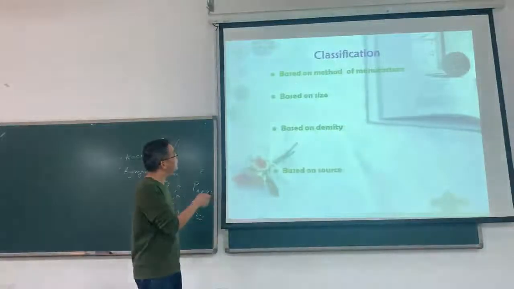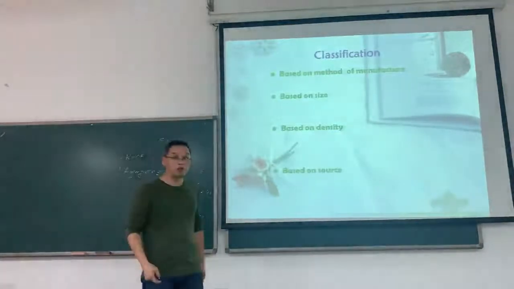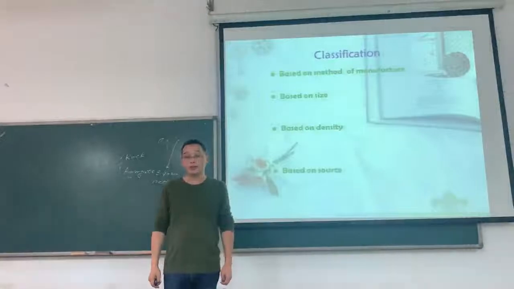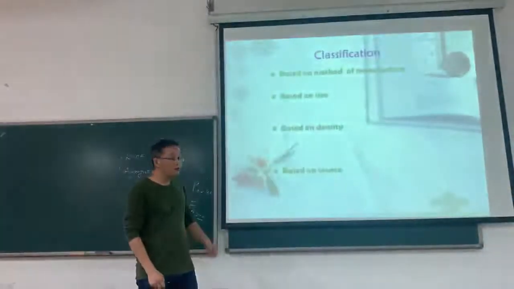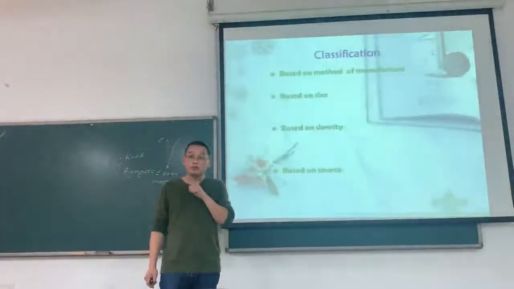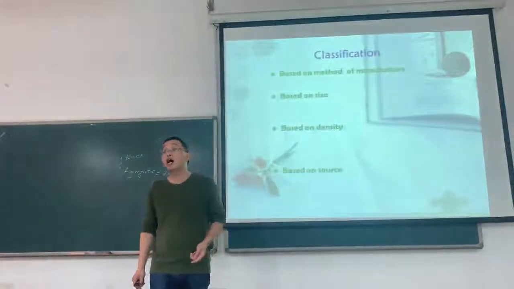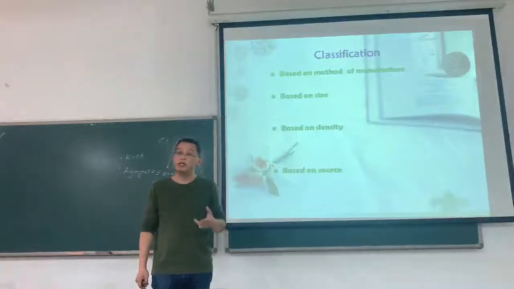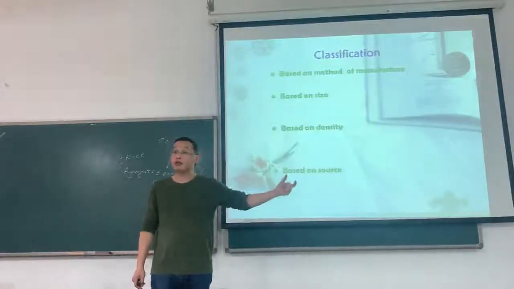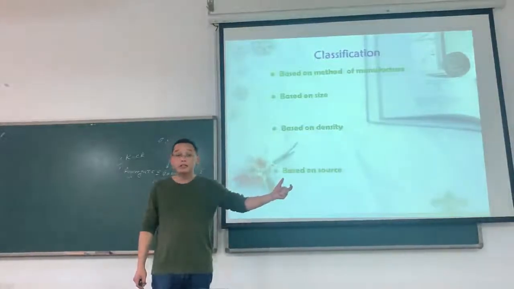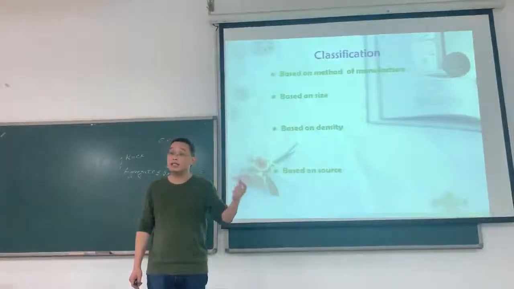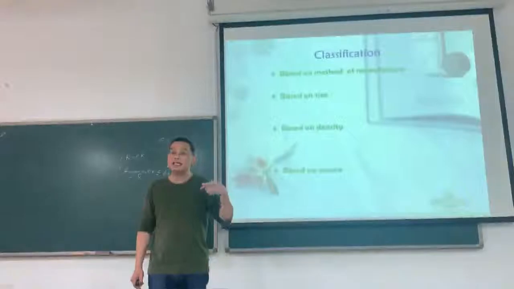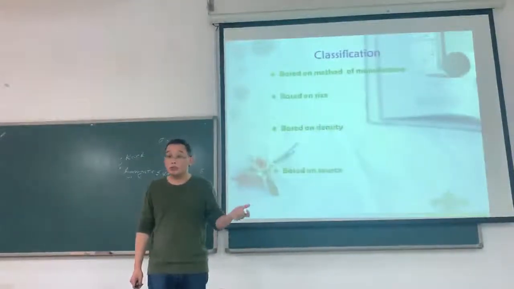The first classification is based on the method of manufacture. We can get two kinds of aggregates. The first one is from nature, such as the pebble and the sand. It belongs to the natural materials.